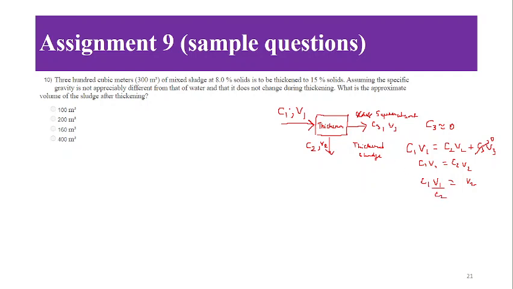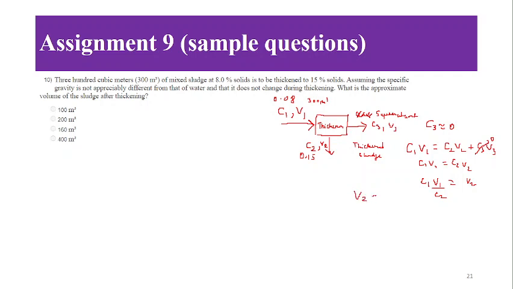So we are given C1, which is 0.08 because 8% solids. And C2 we are given as 15%, so it will be 0.15. And V1 we are given it is 300 meter cube. So we can find out V2 from here.